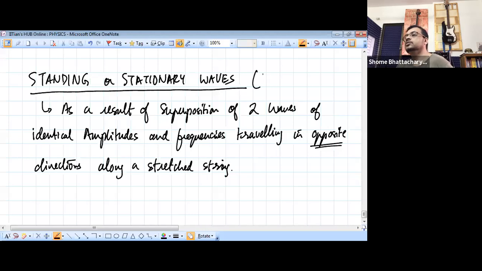So here we are obviously talking about transverse, one dimension. So let us understand, as we study this in more detail, why it is called a standing wave or why it is called a stationary wave.